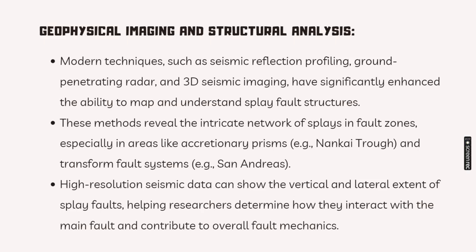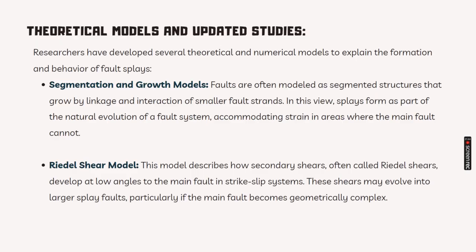Case studies are also available, especially in areas like accretionary prisms, like the Nankai Trough, and transform fault systems like San Andreas. High resolution seismic data can also show the vertical and lateral extent of splay faults, helping researchers determine how they interact with the main fault and contribute to overall fault mechanics.